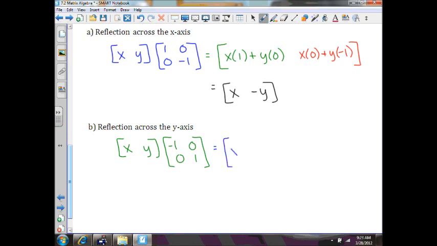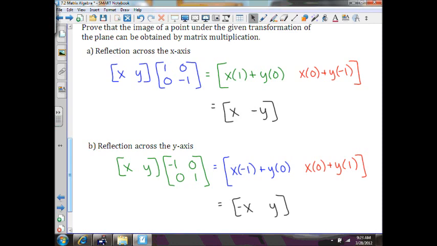So we'll have x times negative 1 plus y times 0, and x times 0 plus y times 1. So when you simplify this, you end up with negative x, y, which does make sense when you reflect a point across the y-axis, your x value will be opposite, not your y. So therefore, you just proved how to use matrices when reflecting things across the x and y-axis.